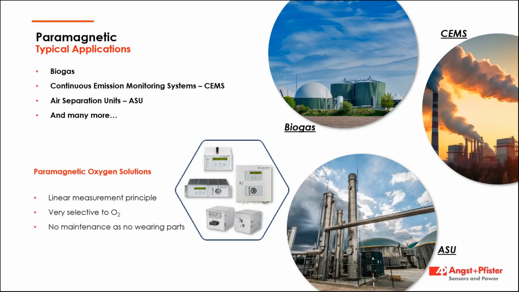It has a very low maintenance requirement as there are no wearing parts in the sensor module. Again, paramagnetic being an optomechanical principle offers no consumption of gas and simultaneously a very long lifetime. And last but not least, the paramagnetic working principle is ideal for continuous operation, which is not the case for many other operation principles.